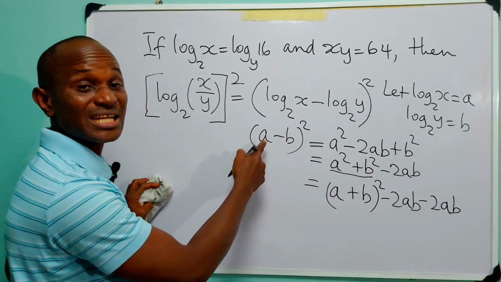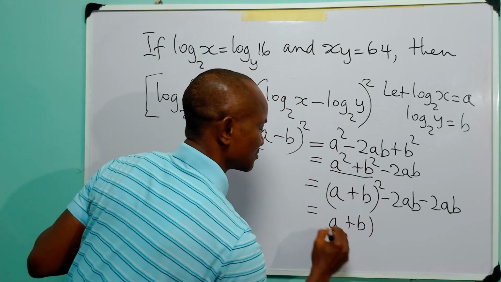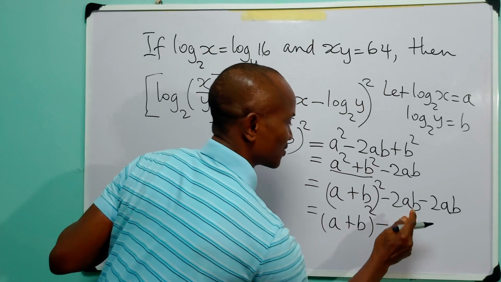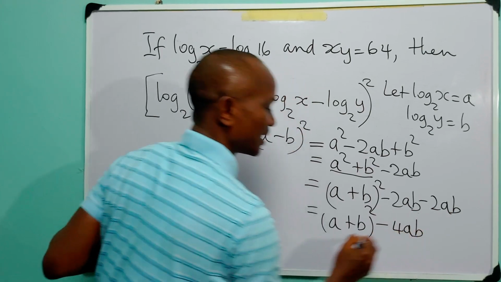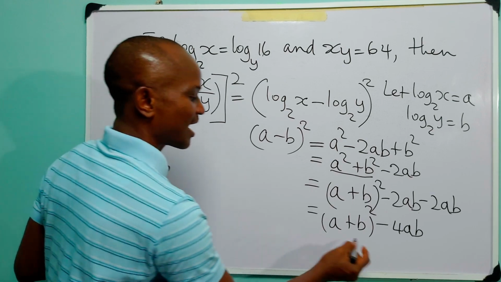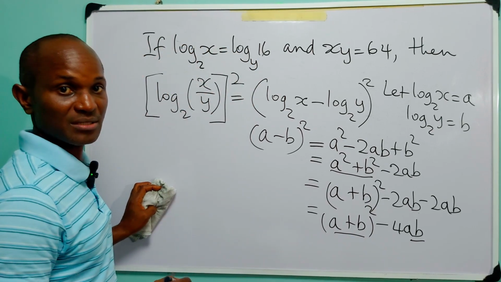So ultimately we have that (a minus b) squared is equal to (a plus b) squared minus 2ab minus 2ab, that is minus 4ab. So we have a plus b and we have a times b.